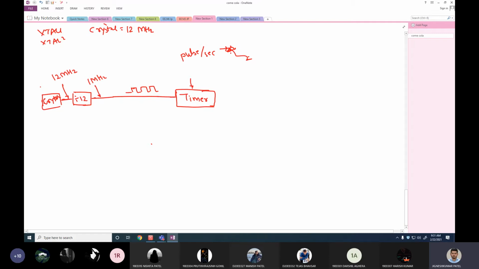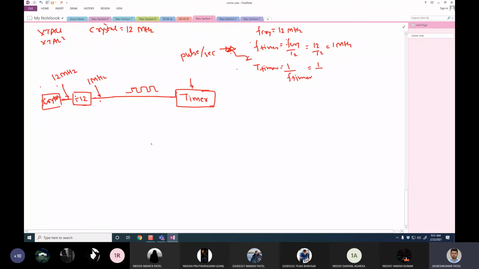We have to calculate based on this frequency and not the crystal frequency. Those two are different. So F crystal is 12 megahertz. The timer input, F timer, is F crystal divided by 12, that is 12 by 12 here, so it is 1 megahertz. And from 1 megahertz you can find your T timer, that is 1 by F timer.